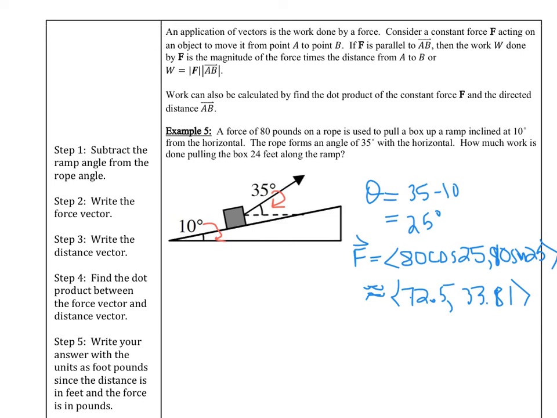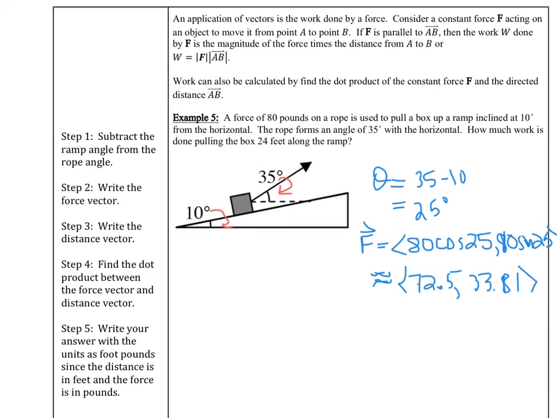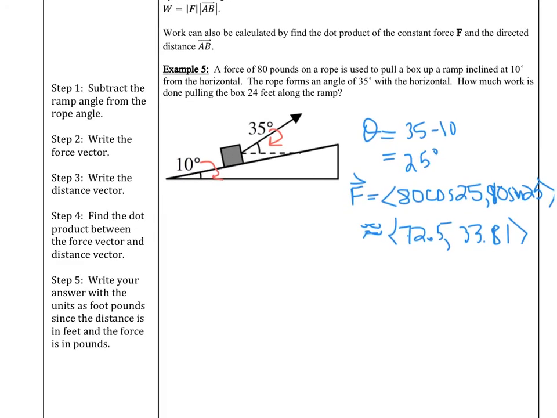Now we're going to find the other vector, and this is going to get us our distance. So we want the distance vector AB, and we're told that we want to go 24 feet along the ramp. So our vector AB is going to be 24, 0.